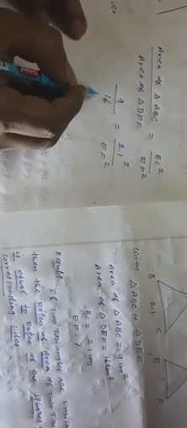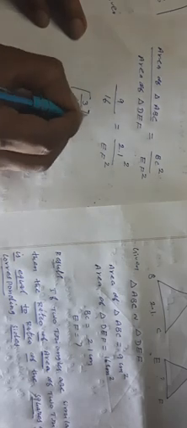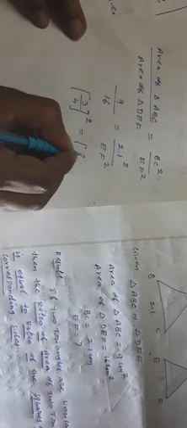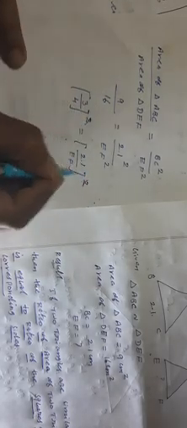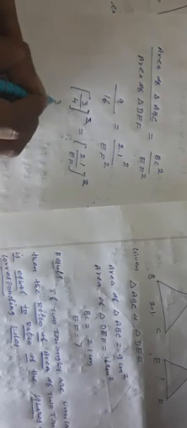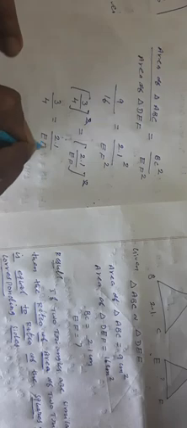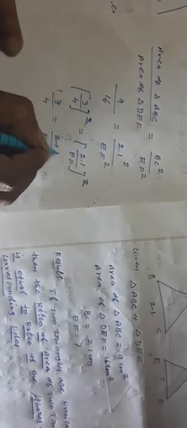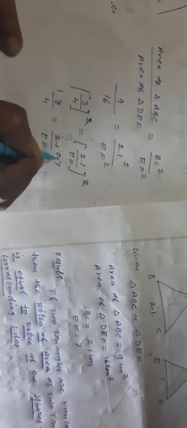So 9 by 16 we can change to 3 by 4 whole square, and on the other side the square is common, 2.1 by EF the whole square. Now we can cancel the square, so we get 3 by 4 is equal to 2.1 by EF. Dividing by 3, 3 ones are 3, 7 threes are 21. One number after the point, so we get 0.7.